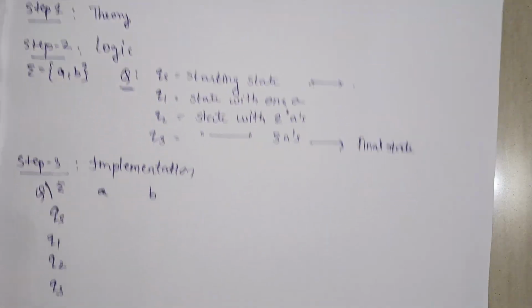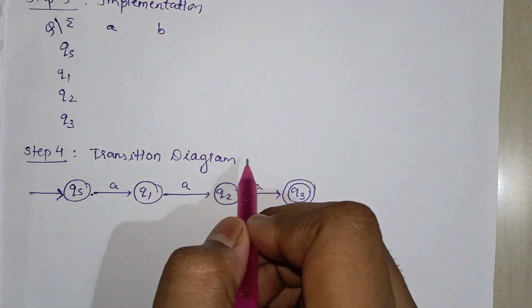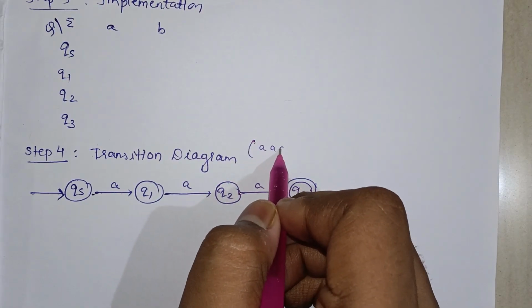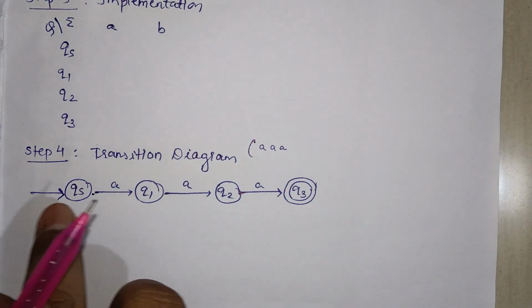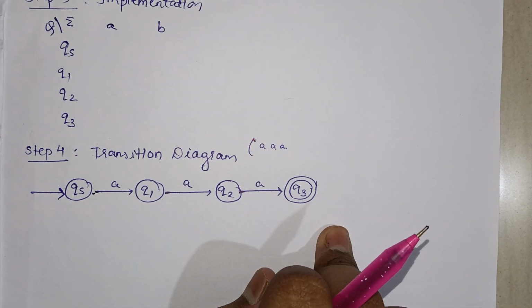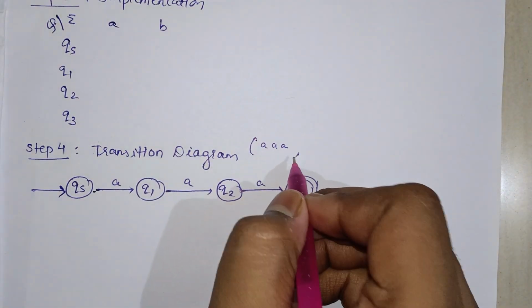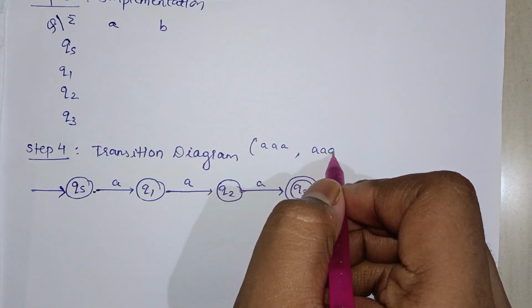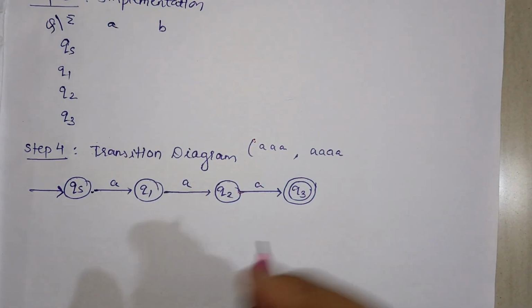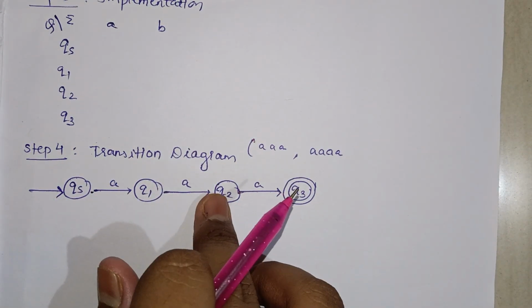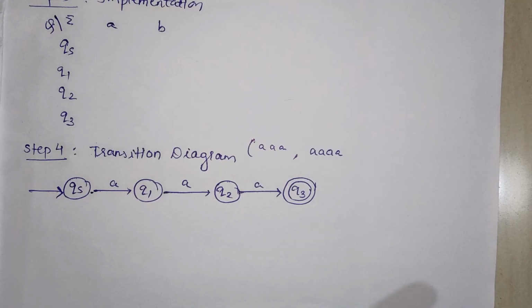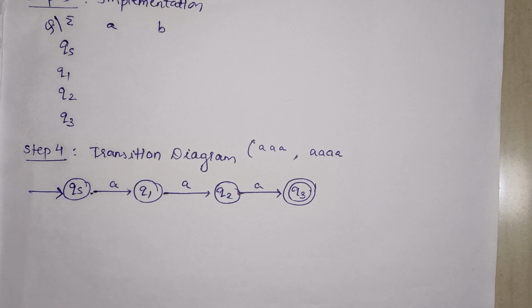Now see, if this transition diagram gets an input like a a a, it will go to Q1, Q2, then Q3, our final state. It will accept, no issue. If there are so many a's, more than 3, no issue.